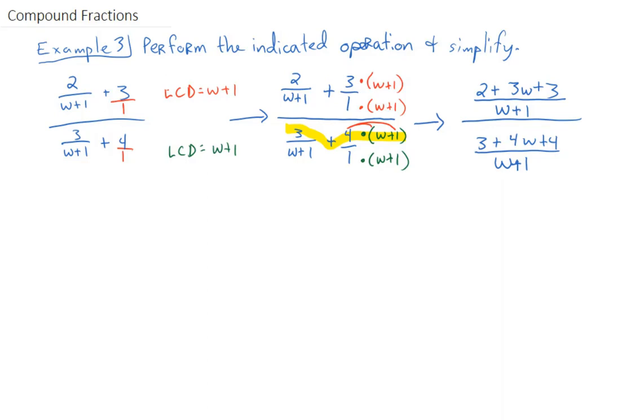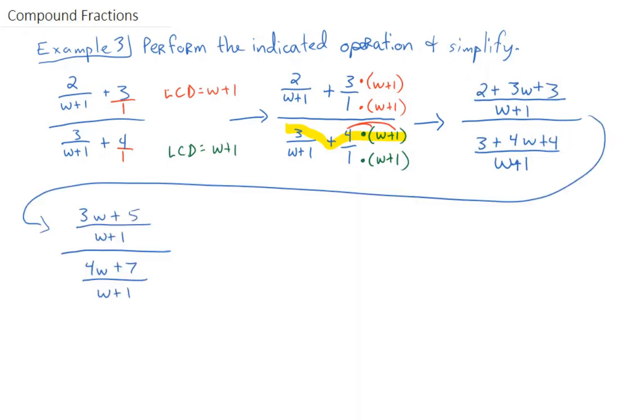And now it's all as one fraction in the numerator, and it's all as one fraction in the denominator. So at this point, I could multiply by the reciprocal. But I want to go ahead and simplify or combine like terms in the numerator of my numerator and the numerator of my denominator first, because it'll just be easier to progress if that were already simplified.